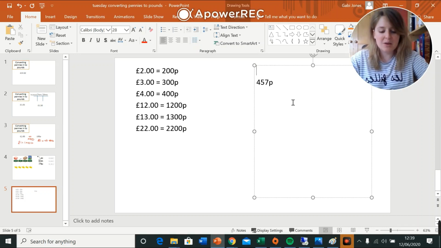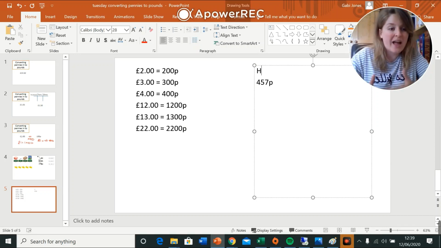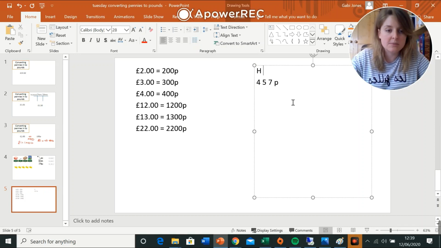Well, I need 100, so I'm going to be looking at my hundreds column because I need to know how many hundreds I have. So let's just separate this out a little bit so that we can see the individual columns. Okay, so I can see here I've got 400, 400s, 5 tens, so 50, and I've got 7 ones, so 7. Now I know I need 100 pennies to make £1.